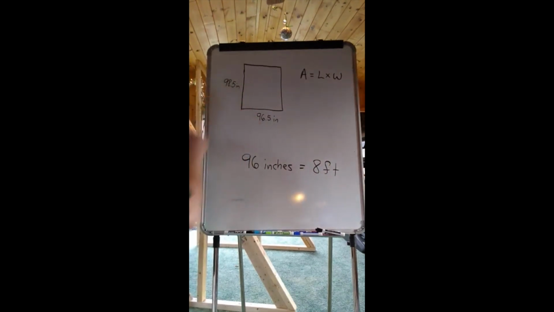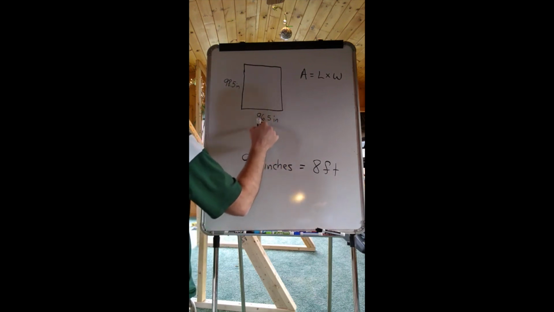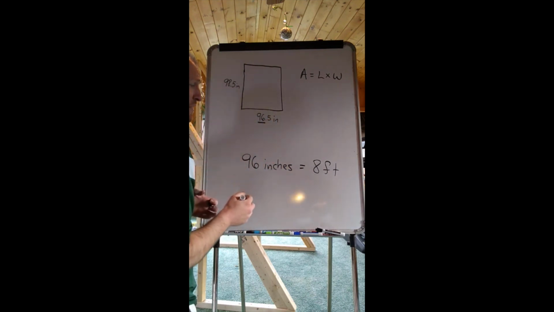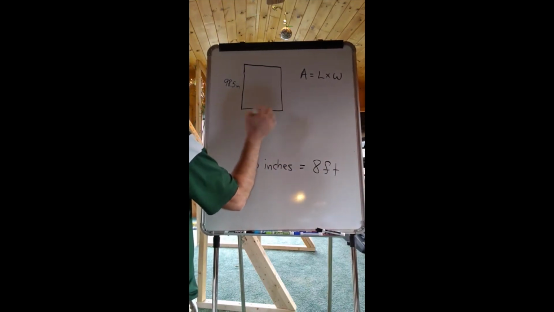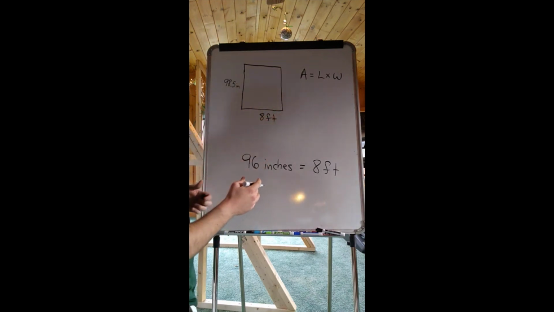Both of these values are incredibly close to 8 feet. So 96, there's our 96 inches, and we're only 1/2 inch beyond. So I'm going to call that 8 feet for the purposes of this garage project.